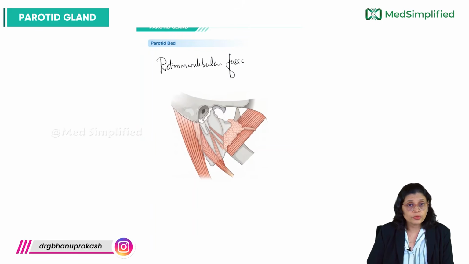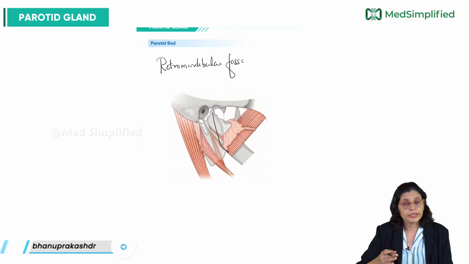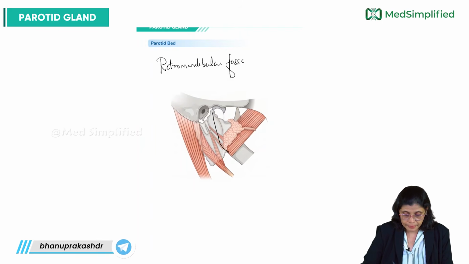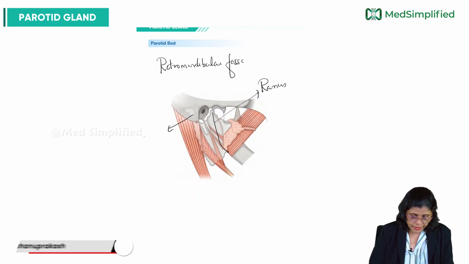So what are the boundaries of this parotid bed? Anteriorly it is bounded by the posterior border of the ramus of the mandible, and posteriorly by the mastoid process.